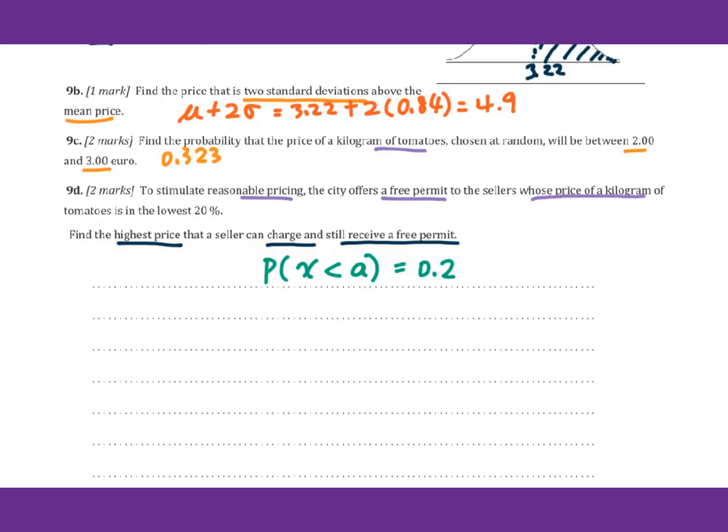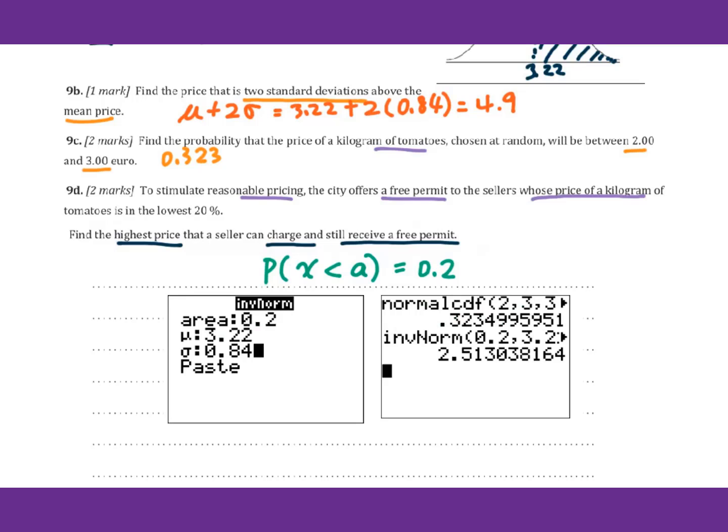So we put this into the graphing calculator using inverse normal distribution. Area is 0.2. This is 3.22 and 0.84 will be the standard deviation. Then you can get 2.51.